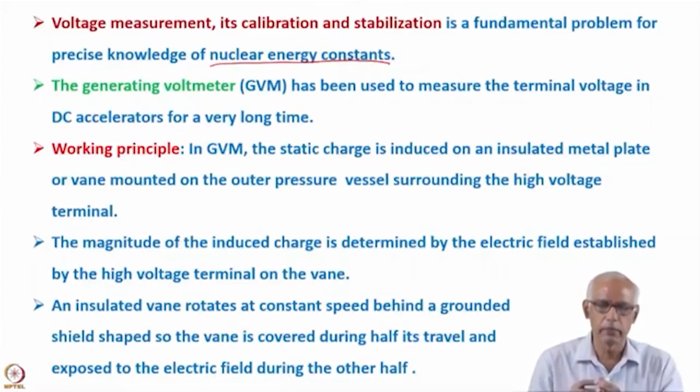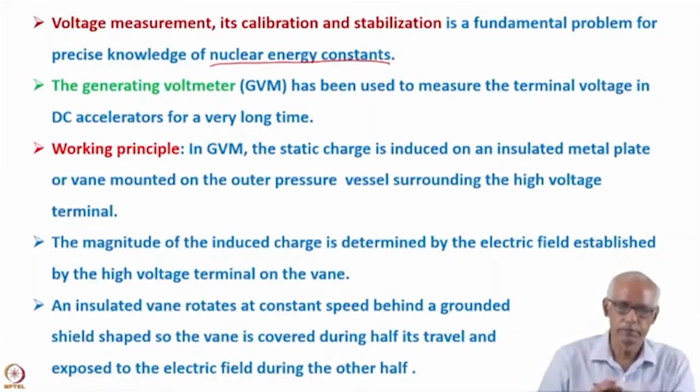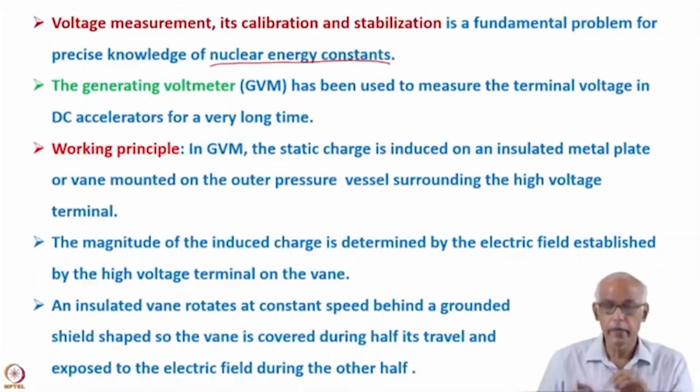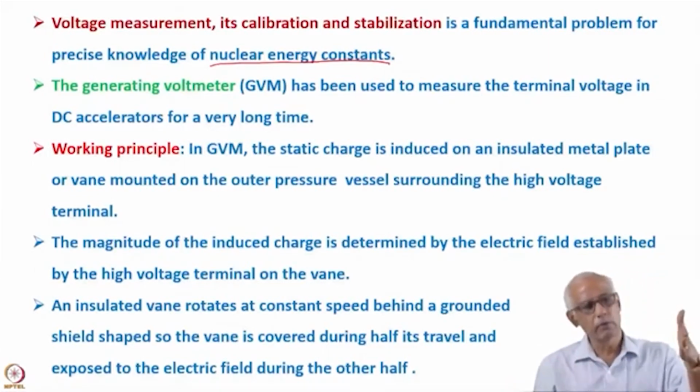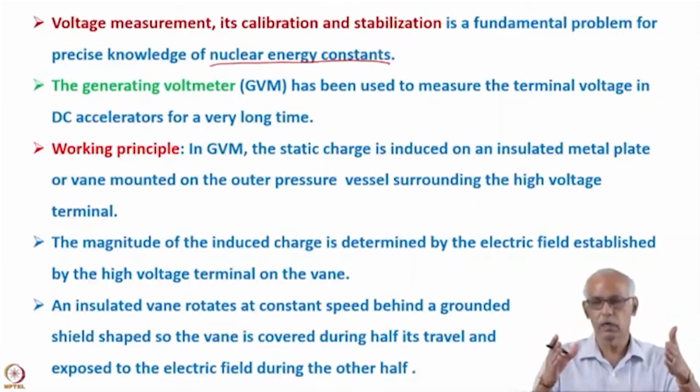So this GVM is mounted on the outer vessel, or we call it the pressure vessel, which is surrounding the high voltage terminal. Now once you have high voltage here and there is a vane here, definitely there will be an electric field, and there will be an induced charge.